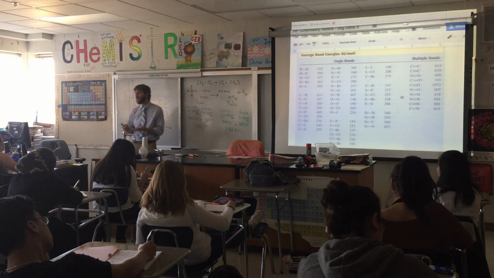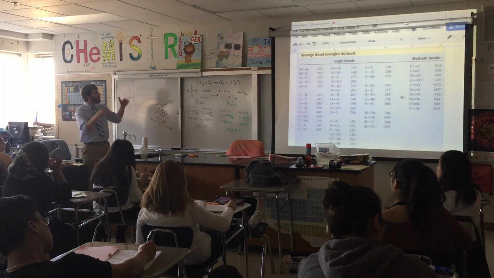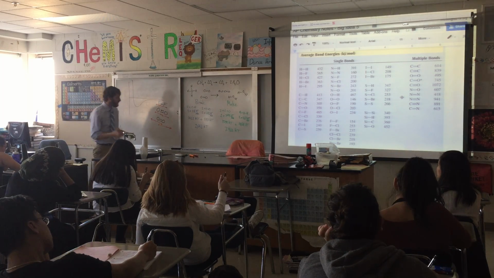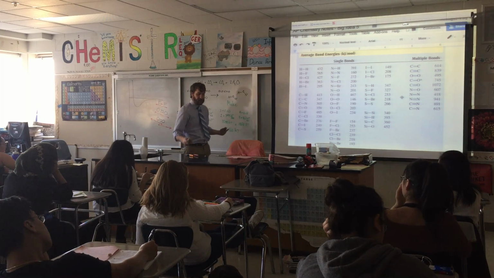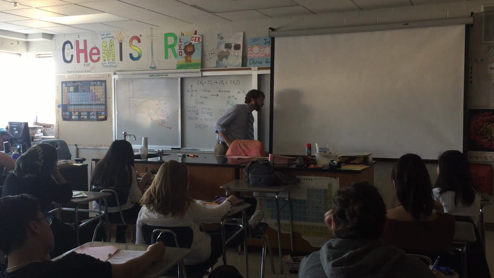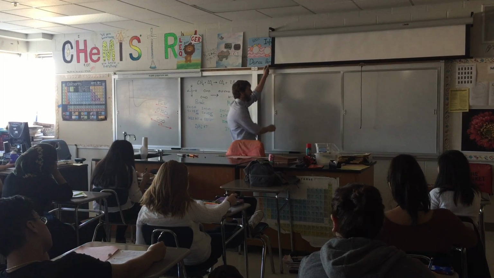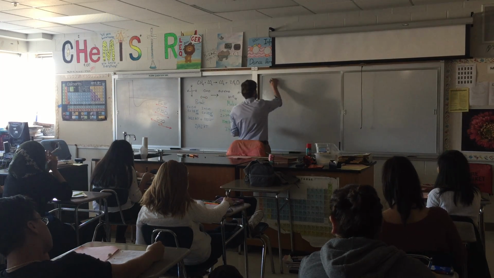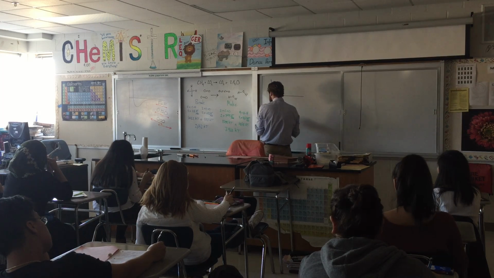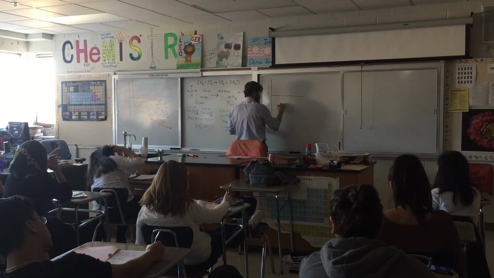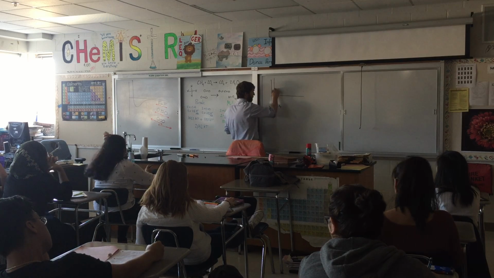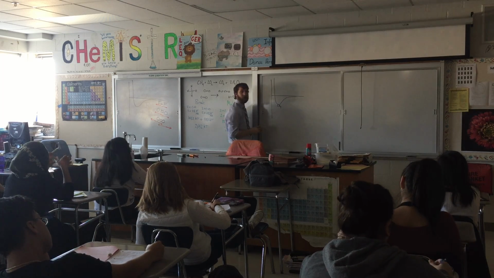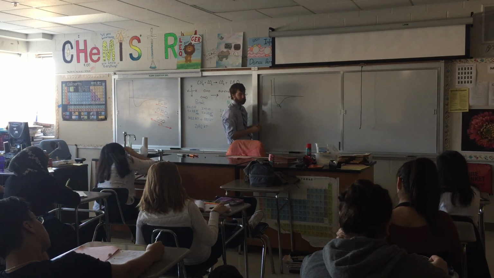Now the important thing is if we actually want to know what the overall change in energy is, we've got to come back and think about the diagram that I just drew. We are essentially taking CH4 bonds, pulling them out of that potential well.